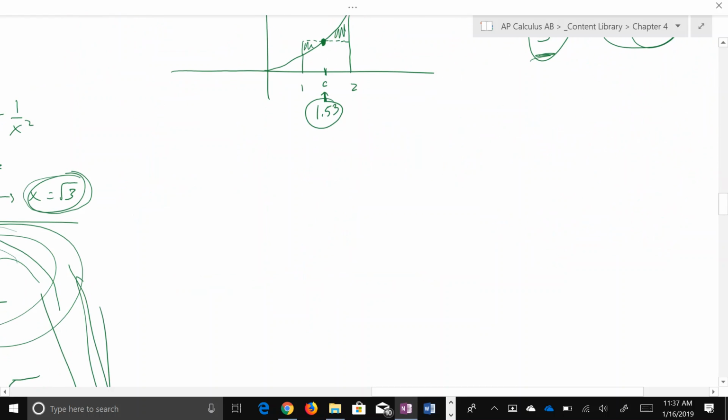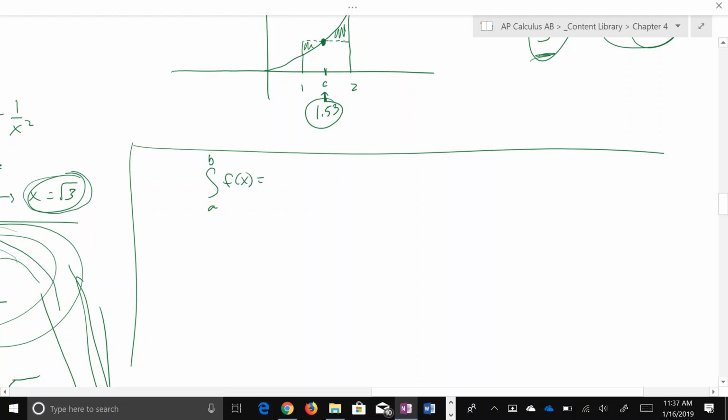If you look at the two formulas together, here's one, average value, or mean value theorem. It's the integral from a to b of f of x equals f of c times b minus a. Right? That's our mean value theorem. Multiply both sides by 1 over b minus a.